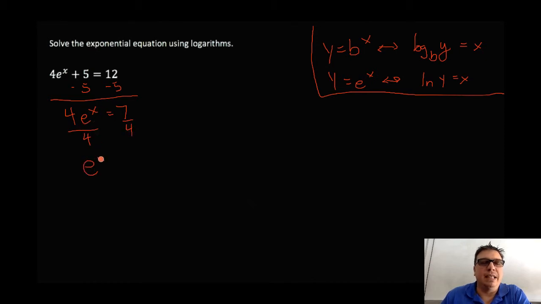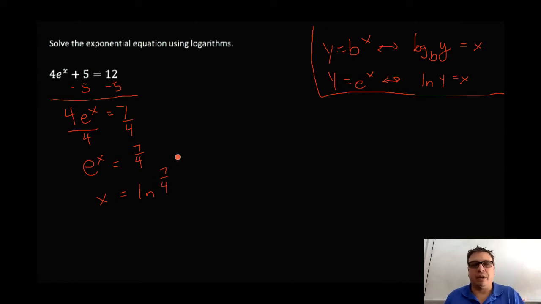So I now get e to the x is equal to 7/4. And then I need to rewrite this based on the definition that I have here. So x is the exponent, and that's the whole job of the log, is to find the exponent. So that means x is equal to natural log of 7/4.